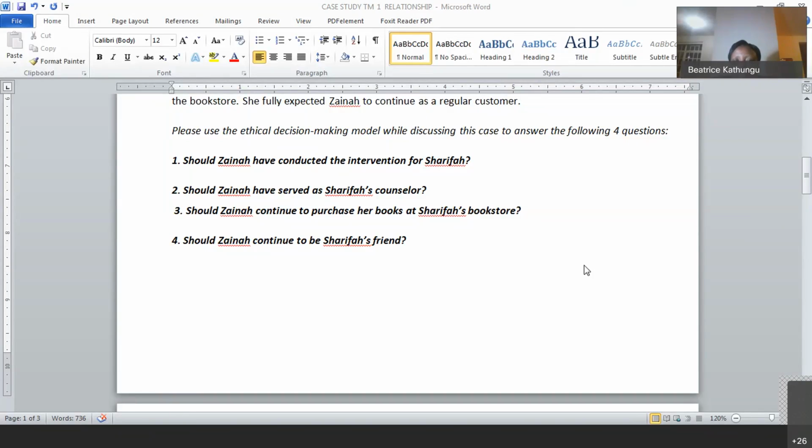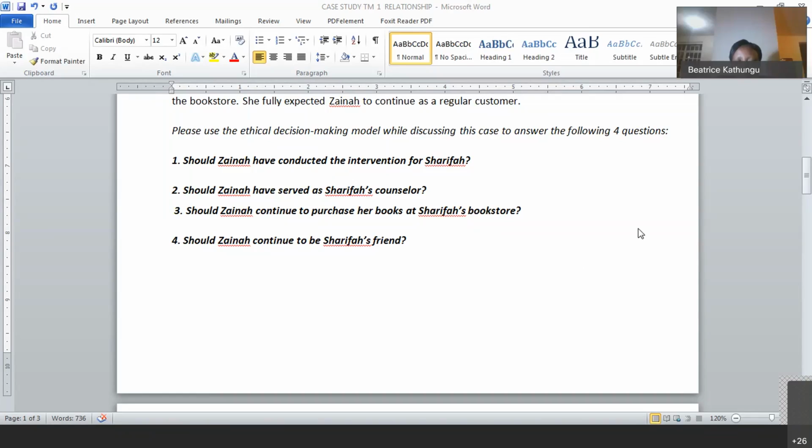Yes. In principle 11, it talks of multiple dual relationships. I think, just like Samuel said, Sharifa should be referred to another counselor. But in doing that, Zaina, as the addiction professional, should, as it says, when a dual relationship is unavoidable, take extra care so that professional judgment is not impaired and there is no risk of client exploitation.